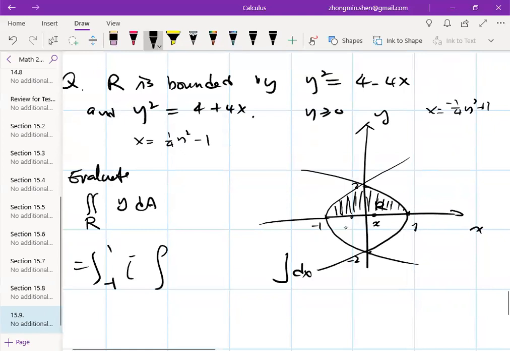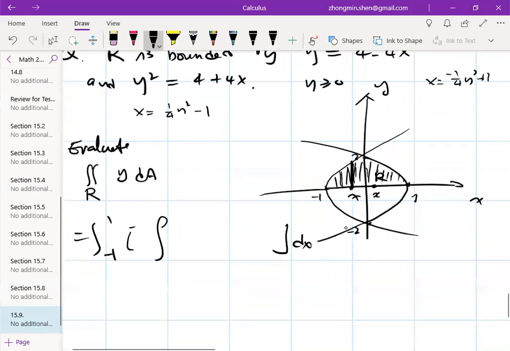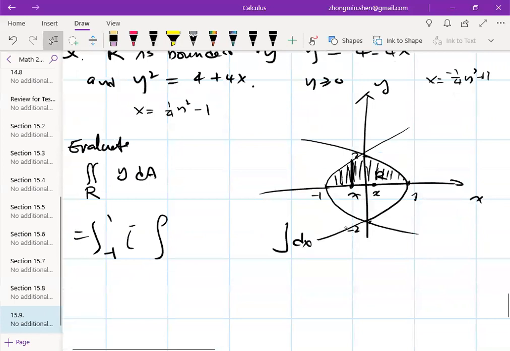For each x, I draw a vertical line, and y goes from 0, but the top one depends on the curve. So I put a question mark here. y dy.